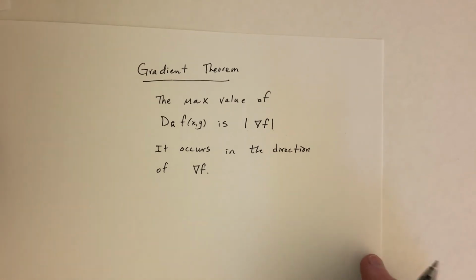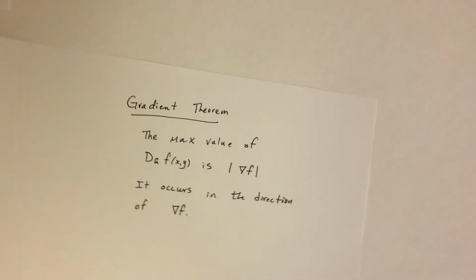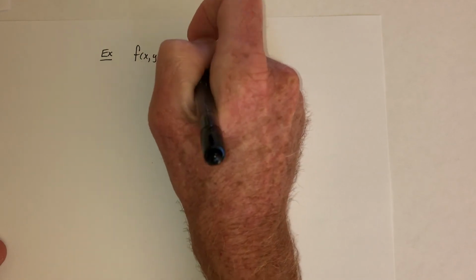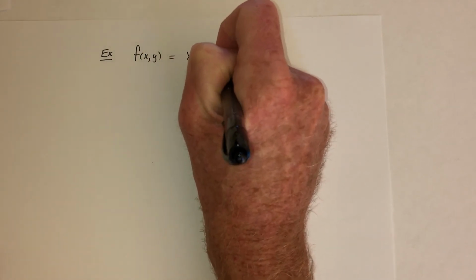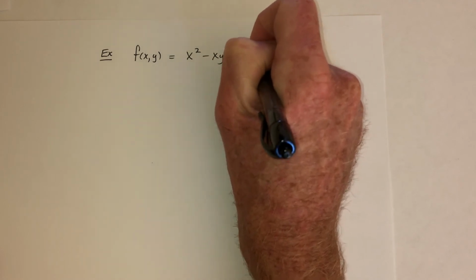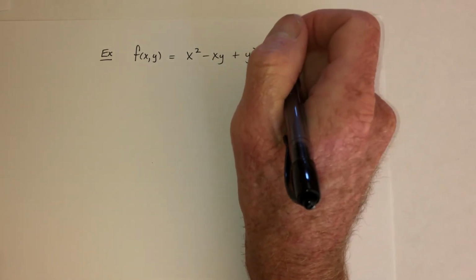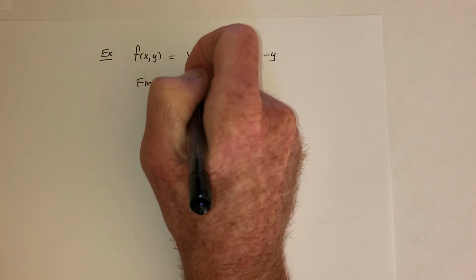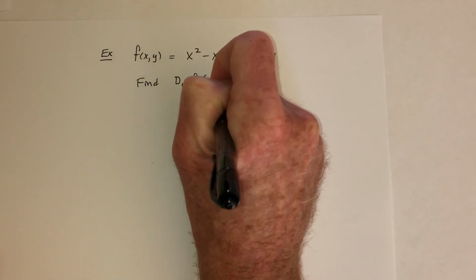All right, so for the next example. So now I'm going to do one like the homework. So for the next example, f of x comma y is equal to x squared minus xy plus y squared minus y. Find the directional derivative at 1 comma negative 1.